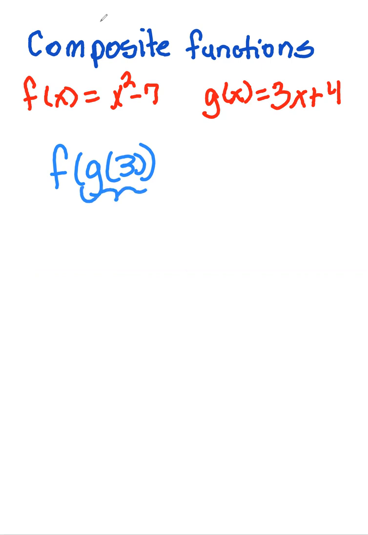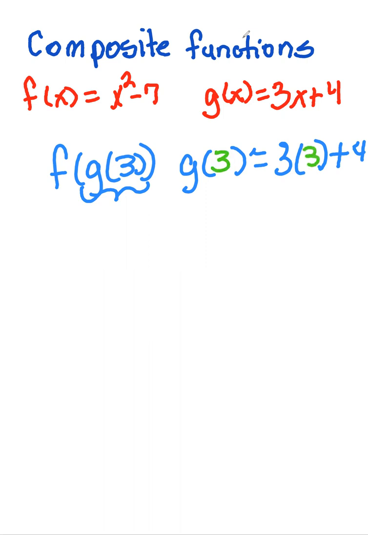start with your inside function. So you would take g of something equals 3 times something plus 4. I'm going to replace the x value in that function, and it says I need to place a 3 here and a 3 here.